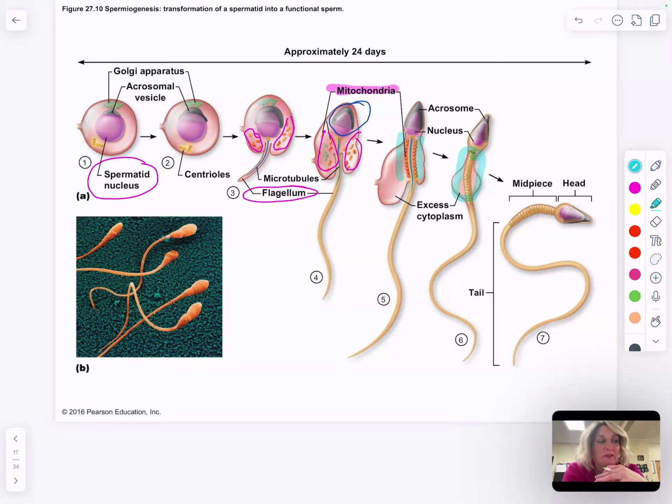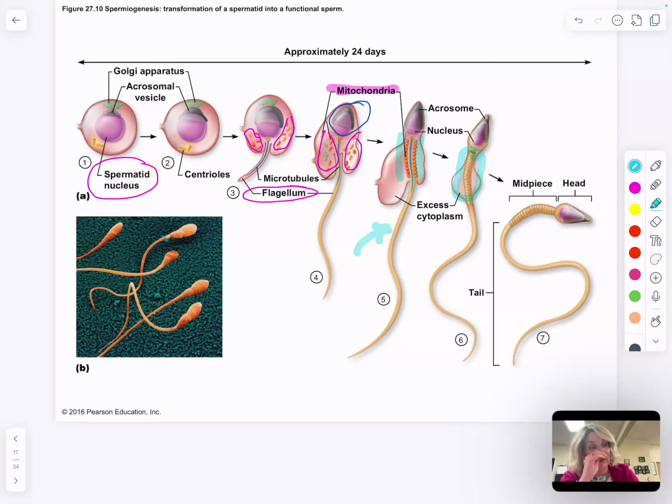Mitochondria are the powerhouses, right? That mitochondria there is the engine or the battery of that sperm to make sure that this tail has the energy and the engine to be flipping around so that it can be swimming through the liquid to get to the eggs.